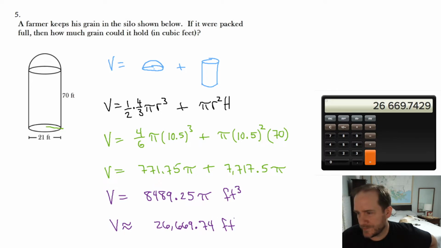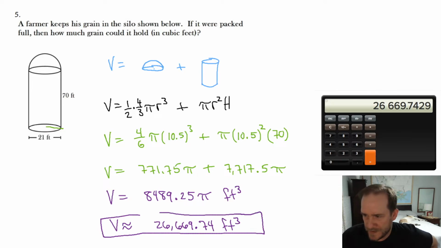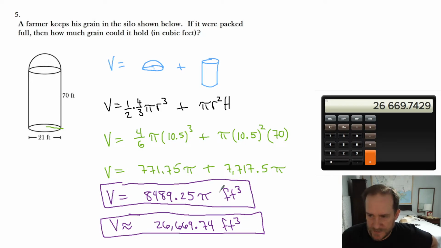Those are still cubic feet. So again, here's your answer with pi included in your calculation. Here's your answer with pi not included in your calculation, just kind of tacked on at the end. Either one of those answers would be acceptable to me, so whatever you want to do.